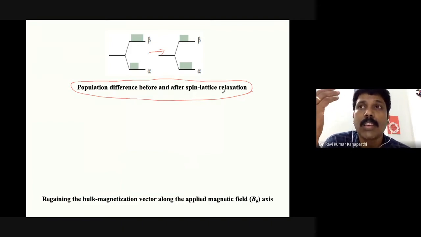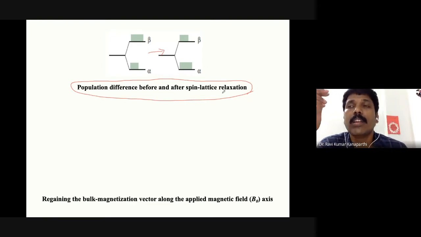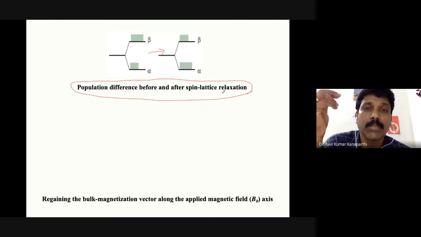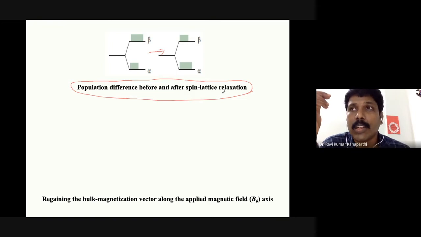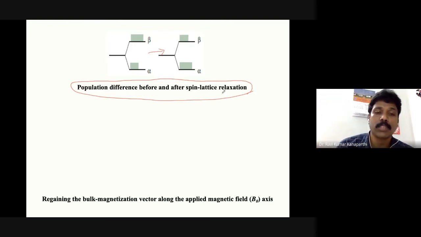Therefore, you have a different equilibrium where beta spins are more numerous. But as you remember, the B1, that is the RF pulse, we don't apply for longer periods. We only apply it for short durations, and afterwards it will be switched off. Once you switch it off, these spins will try to go back to their original population distribution pattern. That is what we call the longitudinal relaxation process.